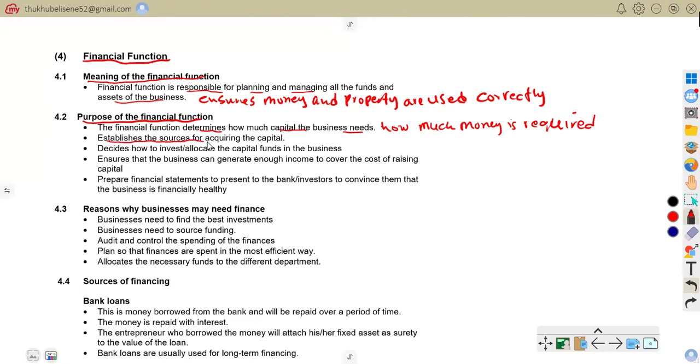It establishes the sources of acquiring the capital, where to get money, for example, a bank loan or owner's savings. Besides, it decides how to invest or allocate the capital funds in the business, meaning which departments get how much.